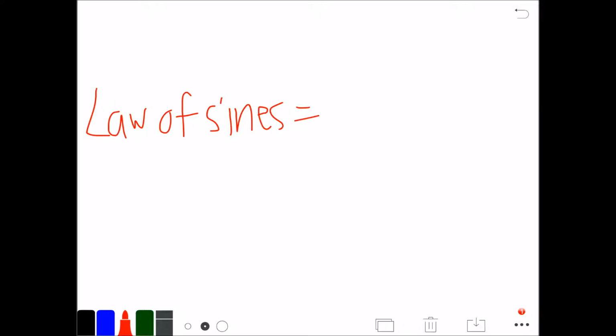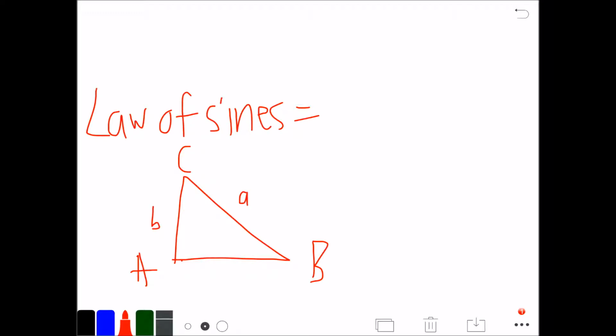And really, what the law of sines tells you is that it's a ratio. Here, I'll use a different color. Law of sines equals... I'll draw a triangle, and let's label this angle A, angle B, and angle C, and this can be side A, side B, side C, right?